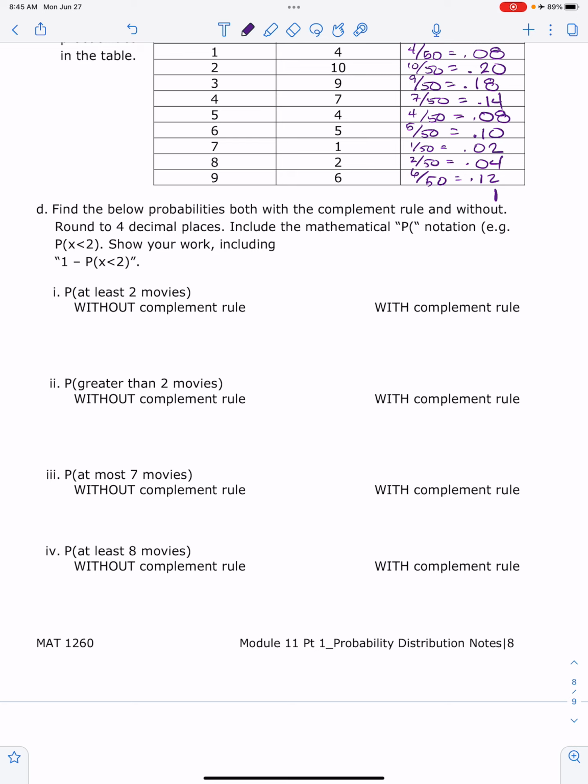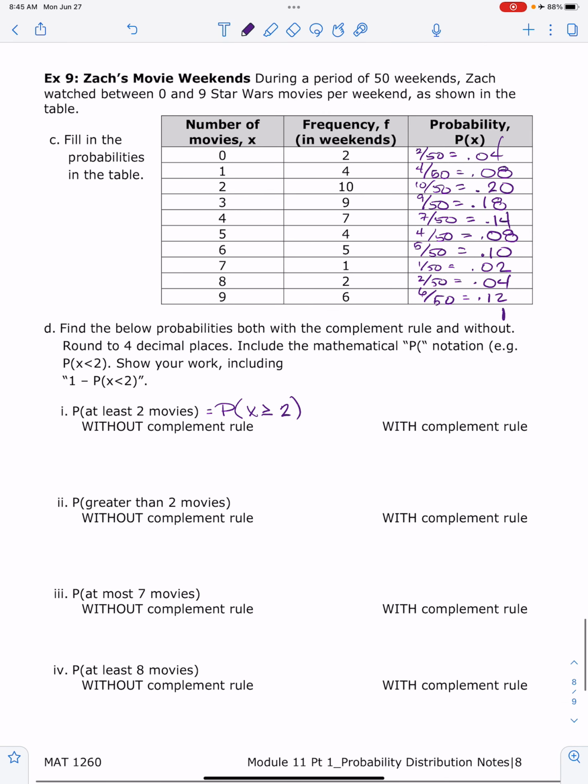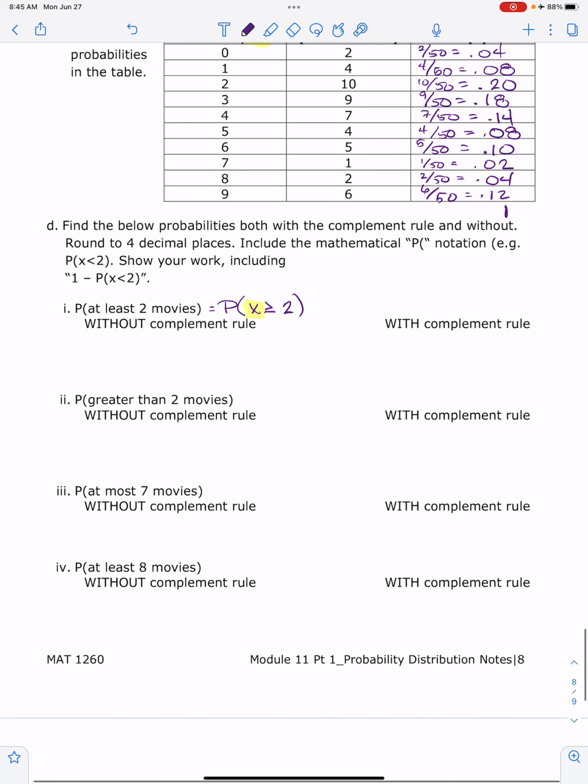So the first one, probability of at least 2 movies. So that is going to be the probability that X, which is the number of movies, is greater than or equal to 2. So number of movies, X right here. So that is the probability of 2 movies, or 3 movies, or 4 movies, or 5 movies, 6 movies, 7, 8, and I'm going to have to shrink this down in just a minute.